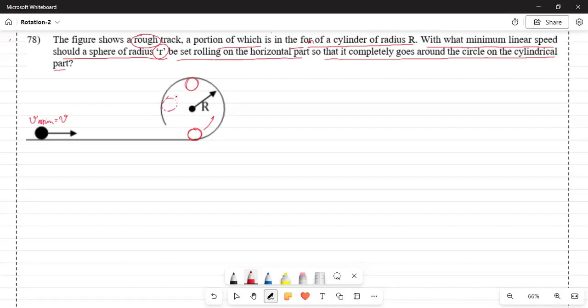So actually, instead of calculating the complete circular path, you have to calculate so that it reaches the topmost point at least.